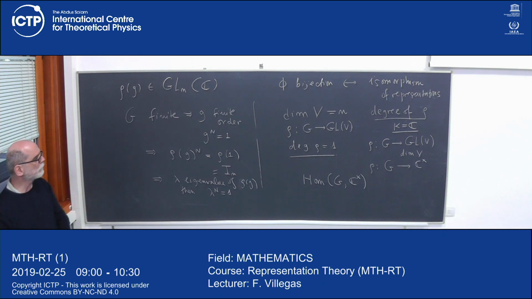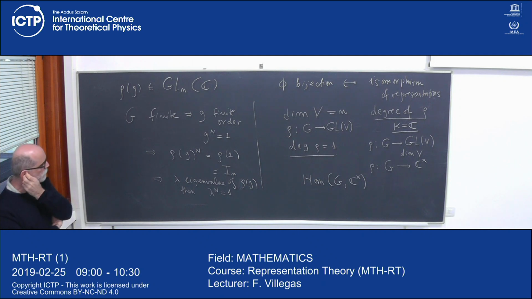Think of it, for example, rho of g could be put in a triangular form, and if you raise it to a power, the eigenvalues are on the diagonal, and the eigenvalues will get raised to that power. Is that clear to everyone? This is the kind of result of linear algebra that we'll need to have fairly clear in our minds, that we'll appeal to often.